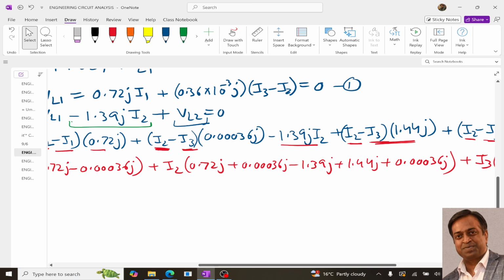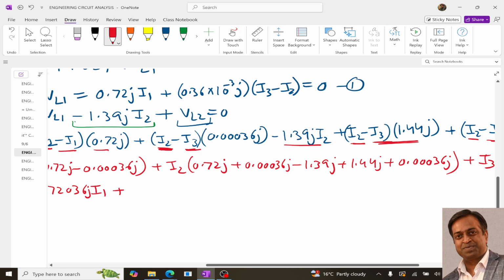So 1.44 minus 1.39 is 0.05, and 0.05 added to 0.72 will be 0.77.